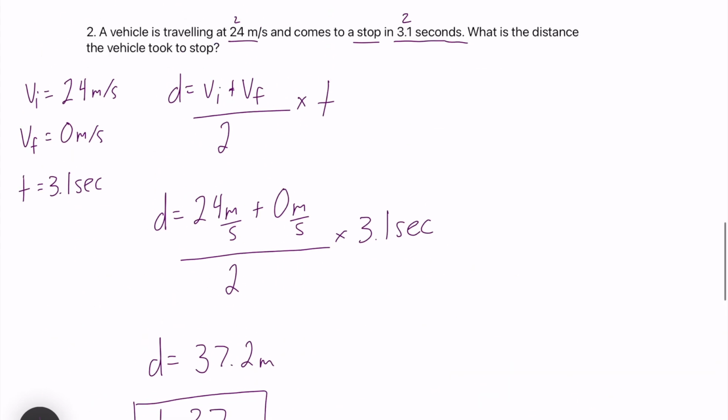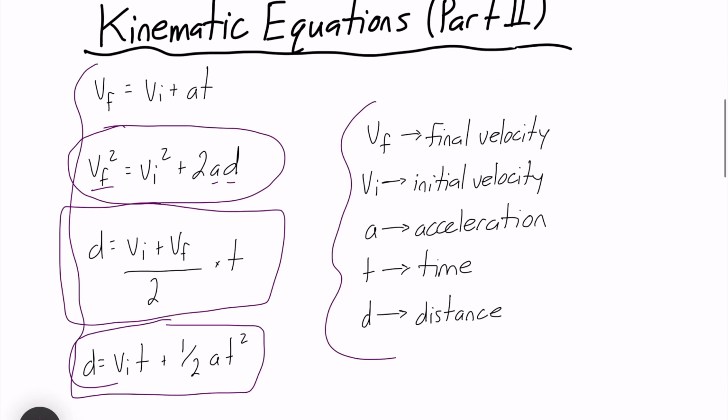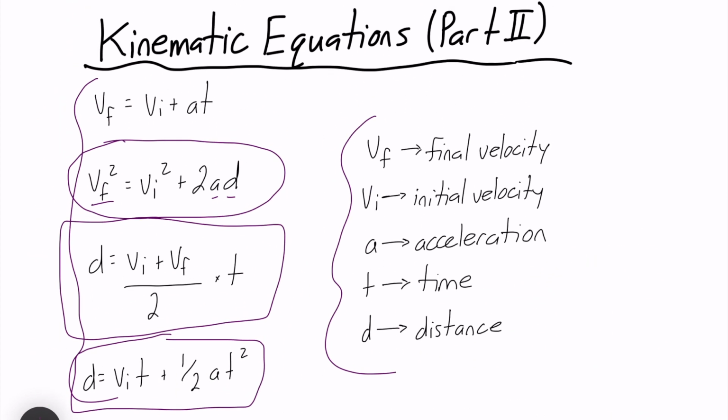So let's scroll back on up to our formulas. And looking at the different variables that we have right now, I am going to go ahead and say we can use this first one and just manipulate for t. So let's go ahead and do that.